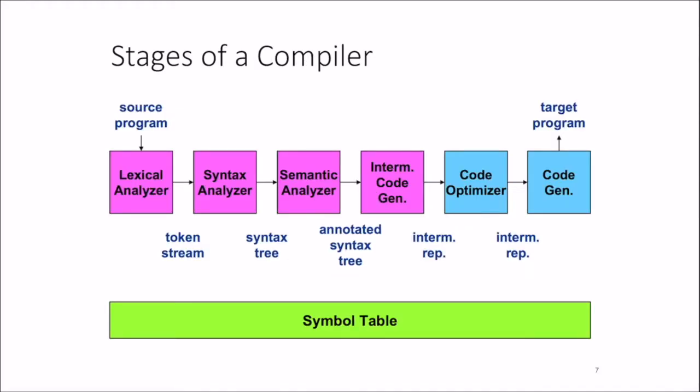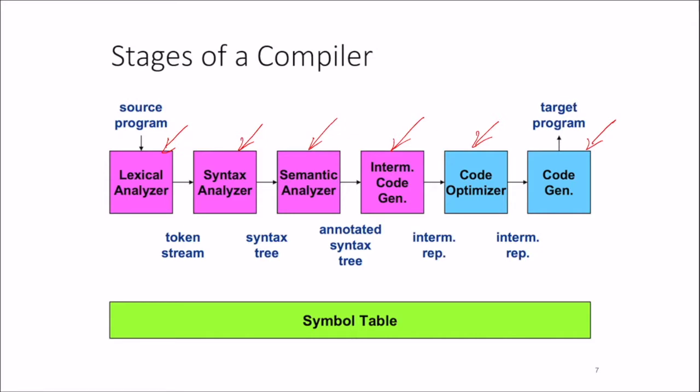So graphically, this is what it looks like. These are all the stages in a compiler, and in this course, we're going to study every single stage of this pipeline. We're starting with lexical analysis, then going to syntax analysis, semantics, intermediate code generation, code optimization, and then finally code generation.